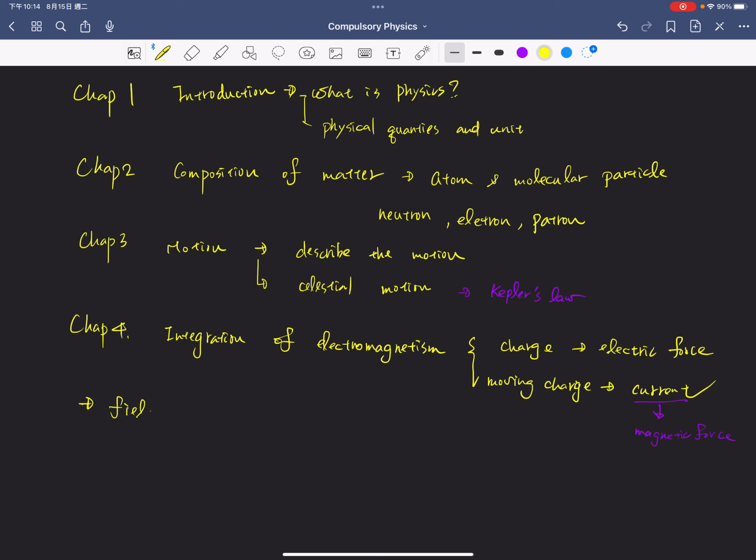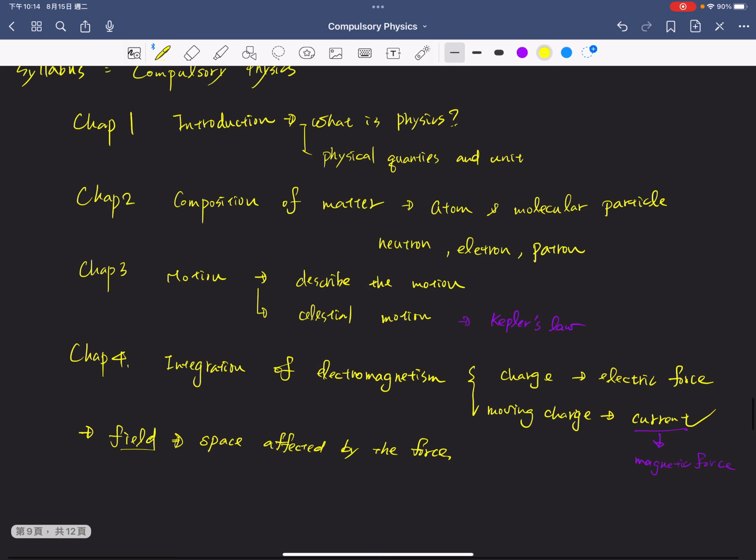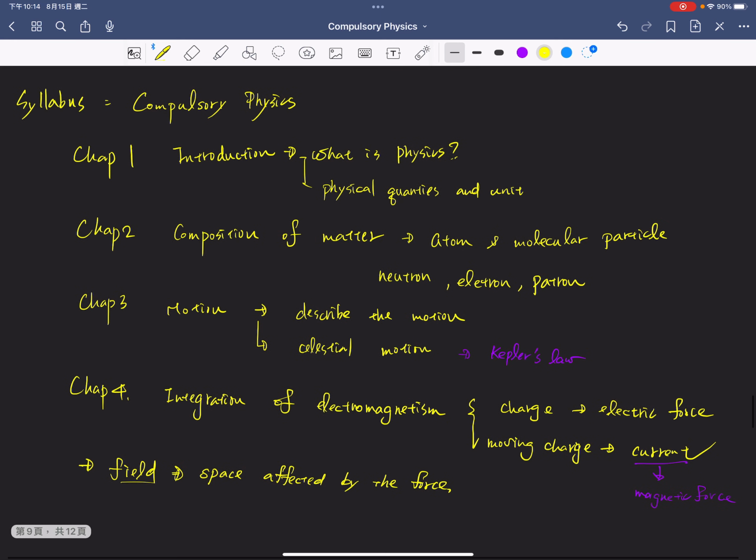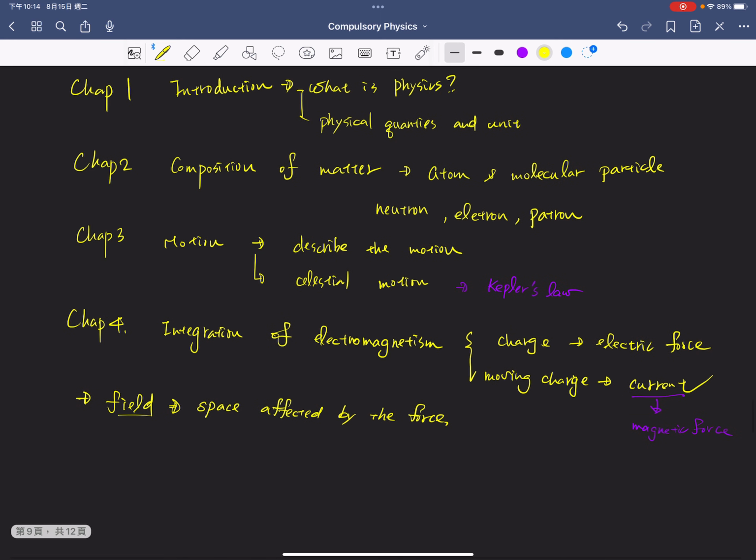What is the field? I think the field is a scope, a space, a space affected by the force. That would be great.